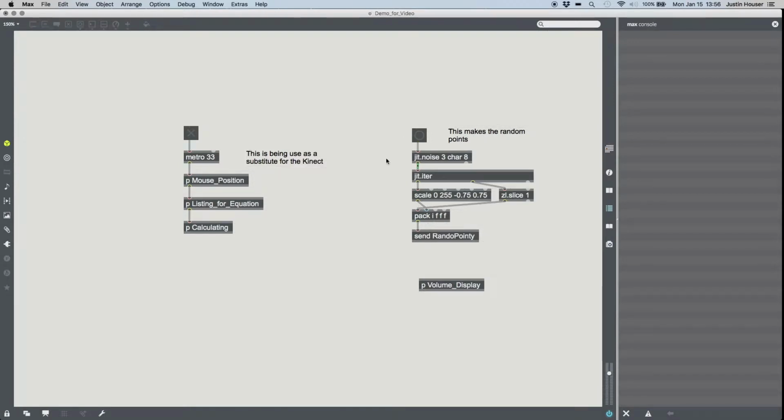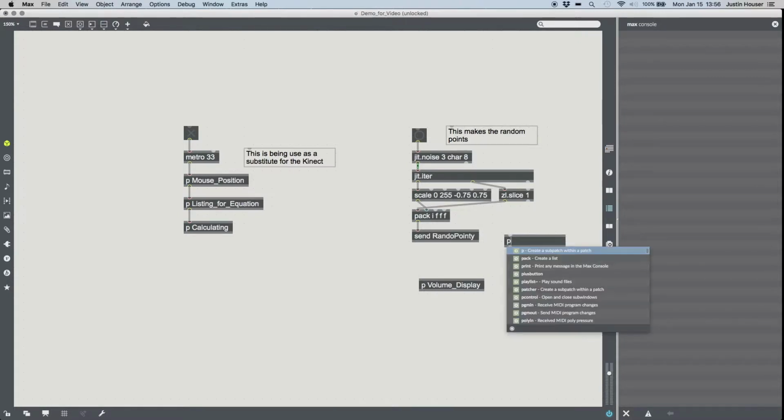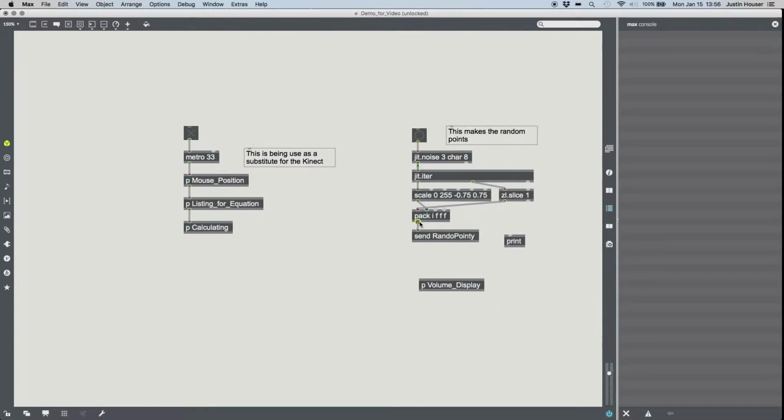So this bit over here is creating 8 individual points, tagging them with a numeric identifier, and then listing the 3 points. To give you an idea of what that looks like, I'm just going to print it off, and it's going to pop up over here.